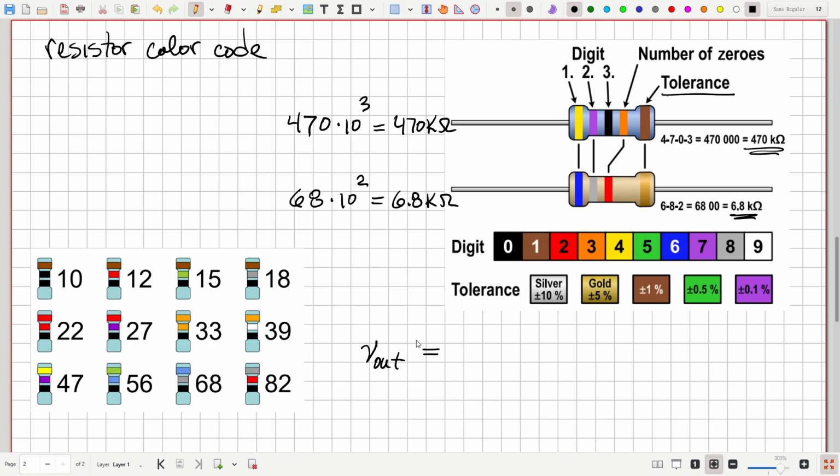So later we'll study the so-called voltage divider, and that has a relation that the output voltage is equal to the input voltage over 1 plus a ratio of resistances, 1 plus R1 over R2.